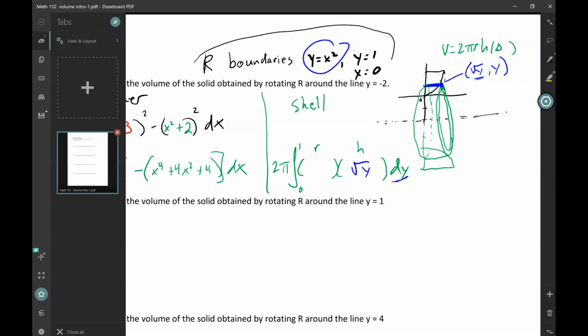And then we need the radius, and the radius is just from the line of rotation to the edge of the shell. Now, Professor Leonard talks about that the radius is actually from the line of rotation to some point in the middle of the shell. It doesn't really matter that you come up with a specific point, because when we do integration, we get an infinite number of shells and the thickness goes down to 0.